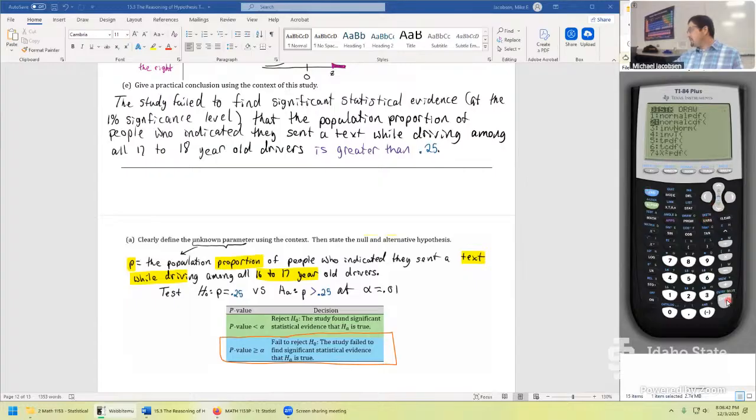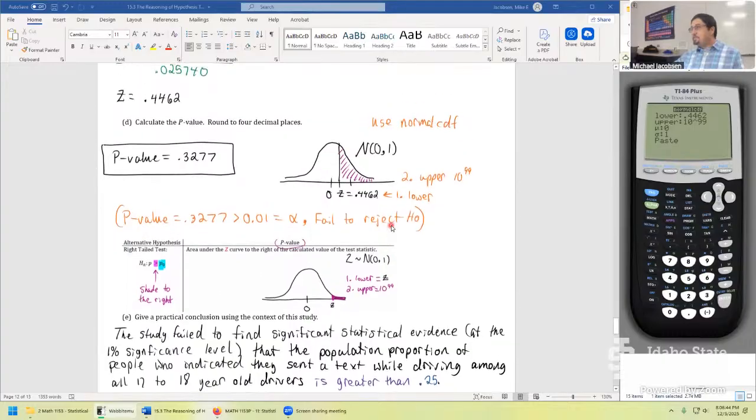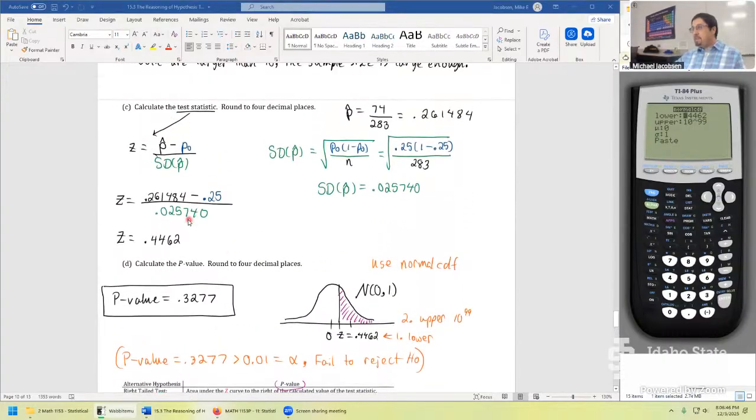Let's go back to normal CDF. And let's imagine maybe the standard deviation was different. Maybe the sample size was 28,300. That would drop this to something that's close to 0. And now any small difference from the null hypothesis is probably going to be picked up if our standard deviation is so small because the sample is so large. So when that happens, Z becomes huge.